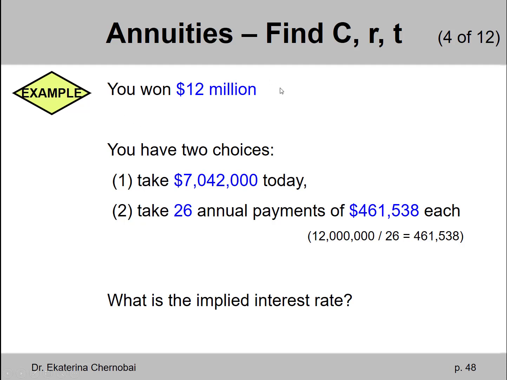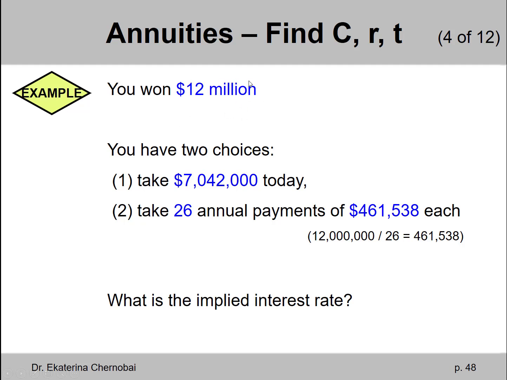The money you want, $12 million, one way to collect it is to receive 1/26 of that, of $12 million, every year for the next 26 years, right? So the $12 million that you won is basically the sum of the annual installments in today's dollars.